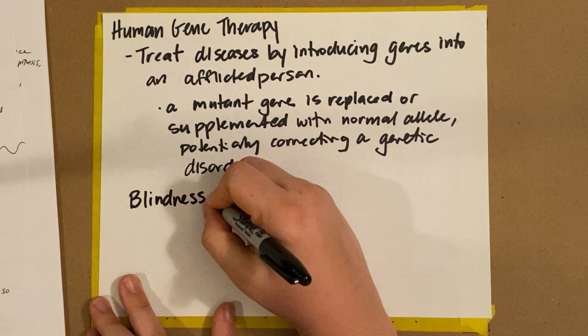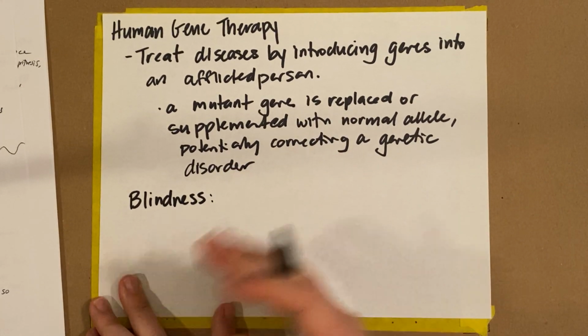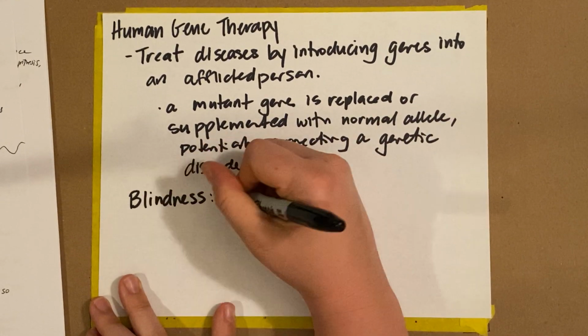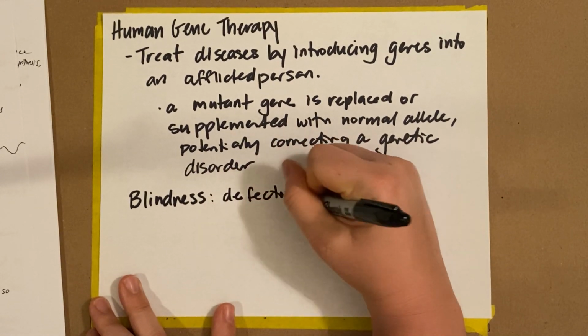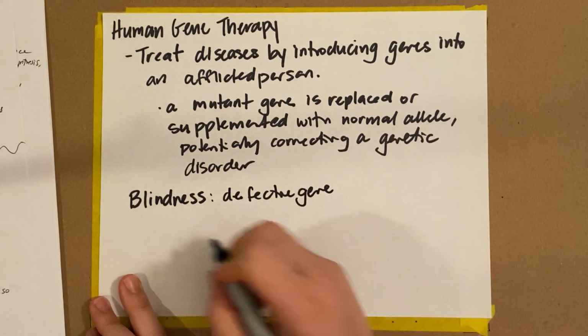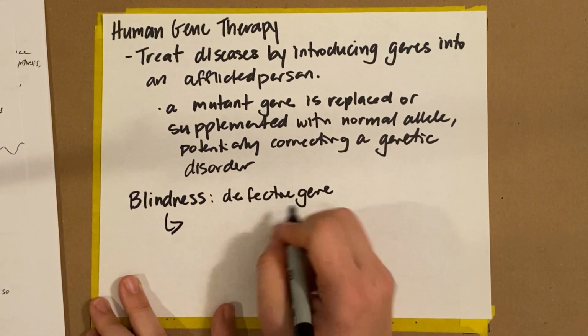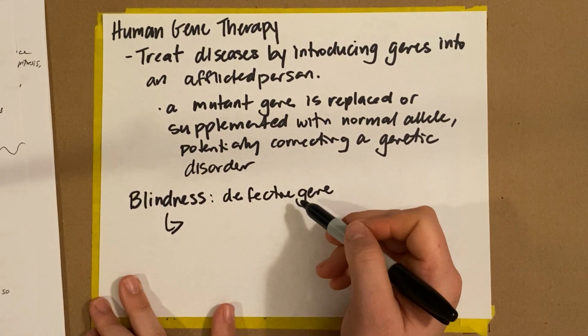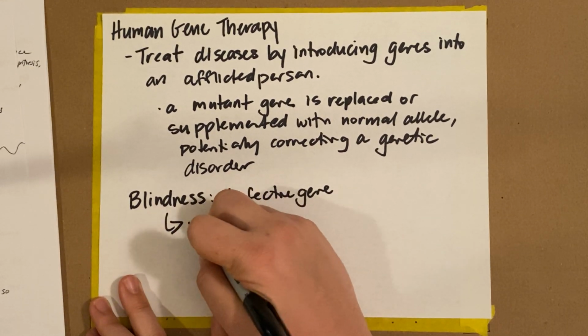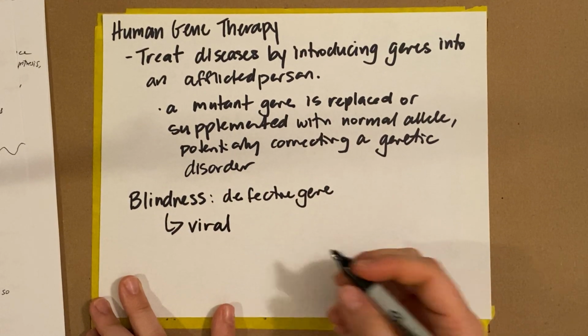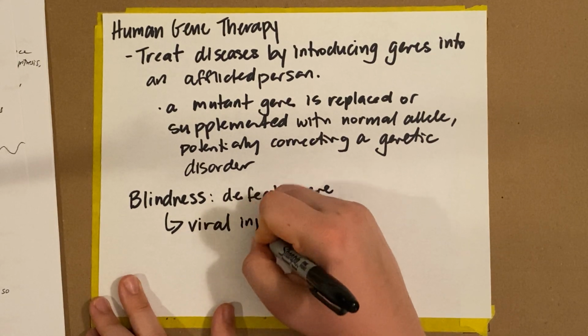Okay, and it has to do with a blindness that's progressive. The blindness is caused by a defective gene. And so what they've done is they've inserted the correct version of the gene and put it into a virus. It's a different mechanism, but you do a viral injection.